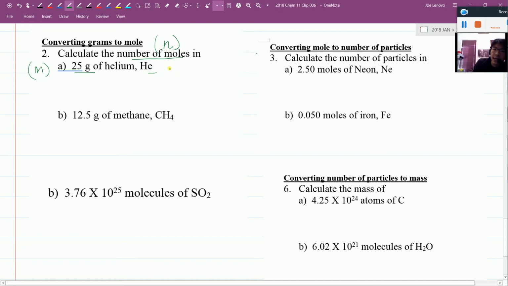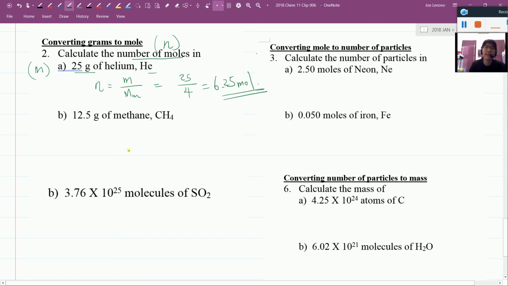From the periodic table, helium weighs 4 grams. So the number of mole is equal to the mass divided by the molar mass of helium, which is 25 grams over 4. When you have 25 grams divided by 4, you will have the answer equal to 6.25. There will be 6.25 mole as your unit.